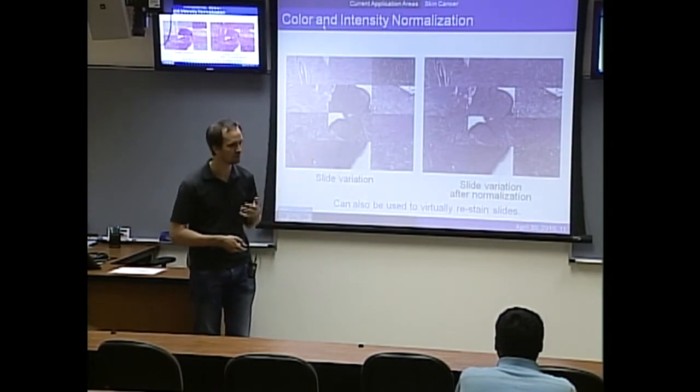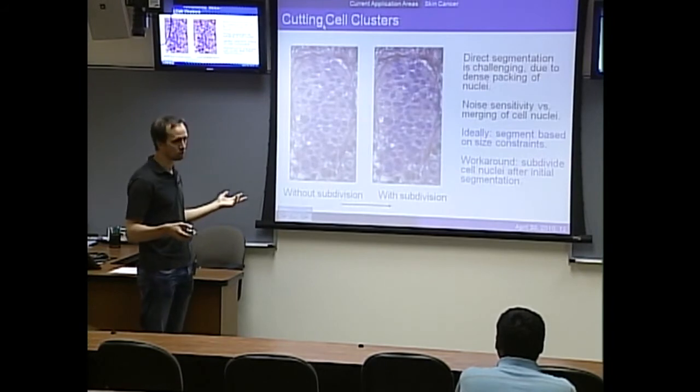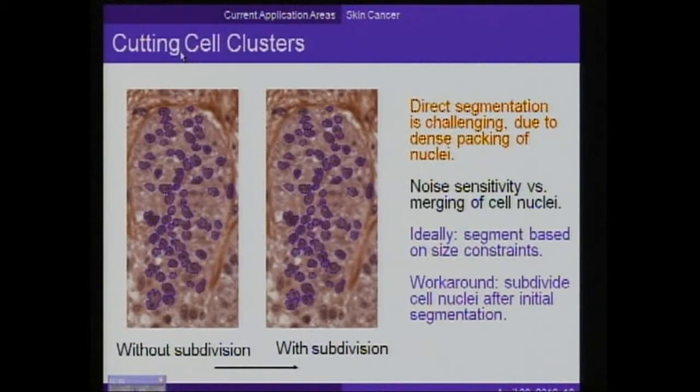And then once we have this, we start with segmenting nuclei basically, and based on these nuclei, come up with features that somehow characterize different appearances of different types of this skin cancer. In the first step, it would just be a nuclear segmentation.